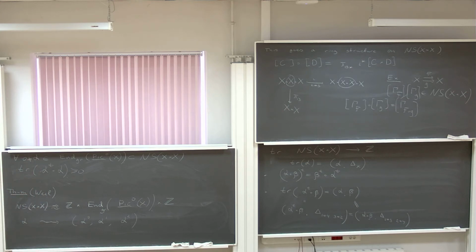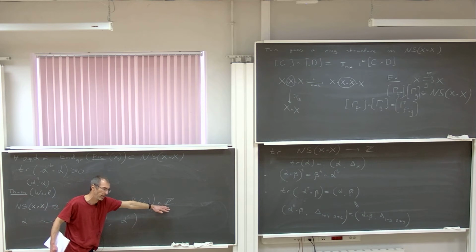So why is that? This is by the formula that we just proved. This is the self-intersection of the cycle on X times X. And this alpha sits here, so it's orthogonal to the vertical line. It has trivial intersection with the vertical line and also with the horizontal line.